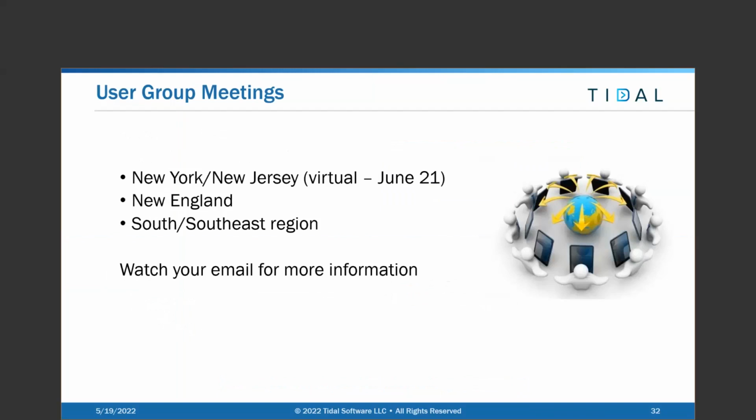It's going to be, once again, a virtual event. The next two after that I think we have on track are New England as well as the South and Southeast regions. We are looking to do more, right? So we're going to be doing them all across North America at least. And so stay tuned. Some of them probably will be in person if that's what people want to do. But they will be coming. So stay tuned for information on all of this.